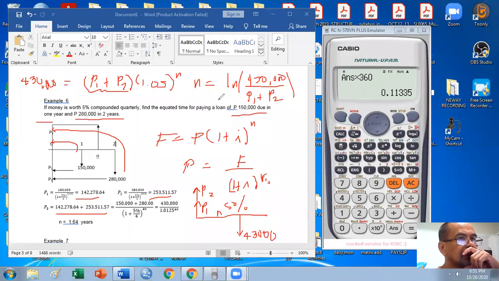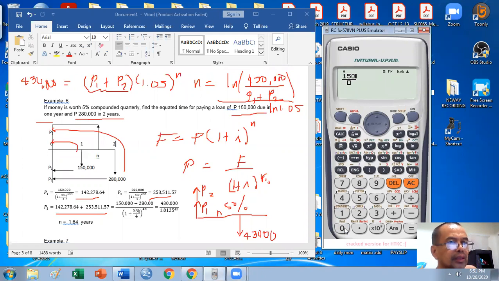Divided by ln of 1.05. Ang gawin natin, kumpitin ko na to. That is 150,000 over 1 plus 5% divided by 4, raised to the 4.